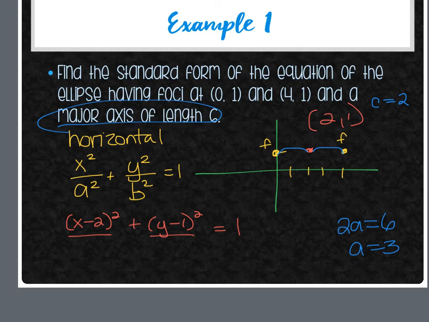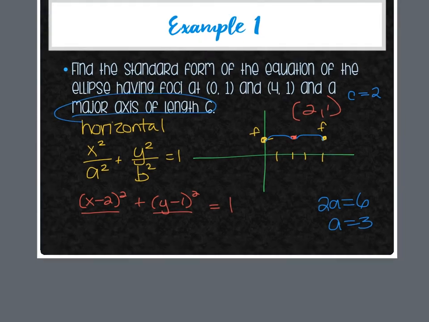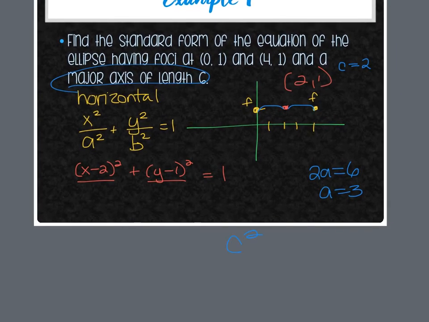Now I've got C and I've got A, and I can find B because C squared equals A squared minus B squared. So 2 squared, 3 squared minus B squared.